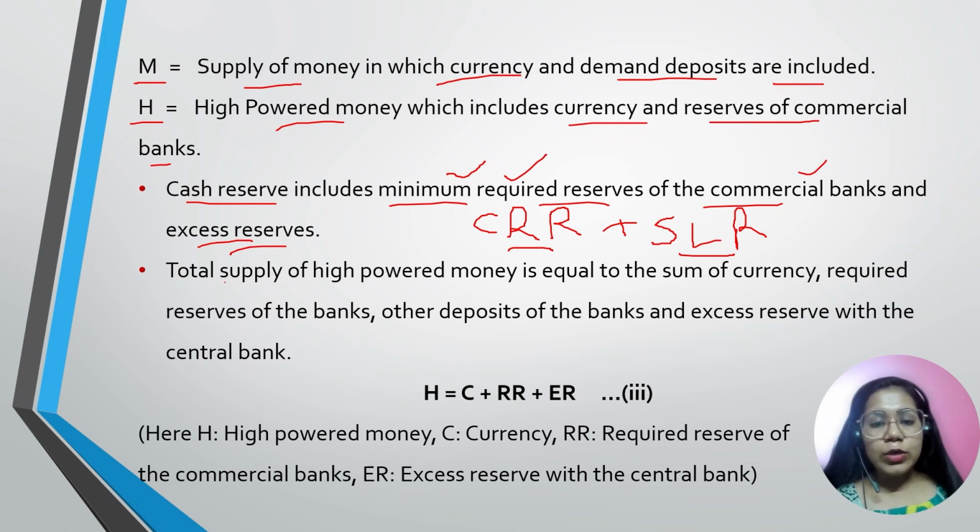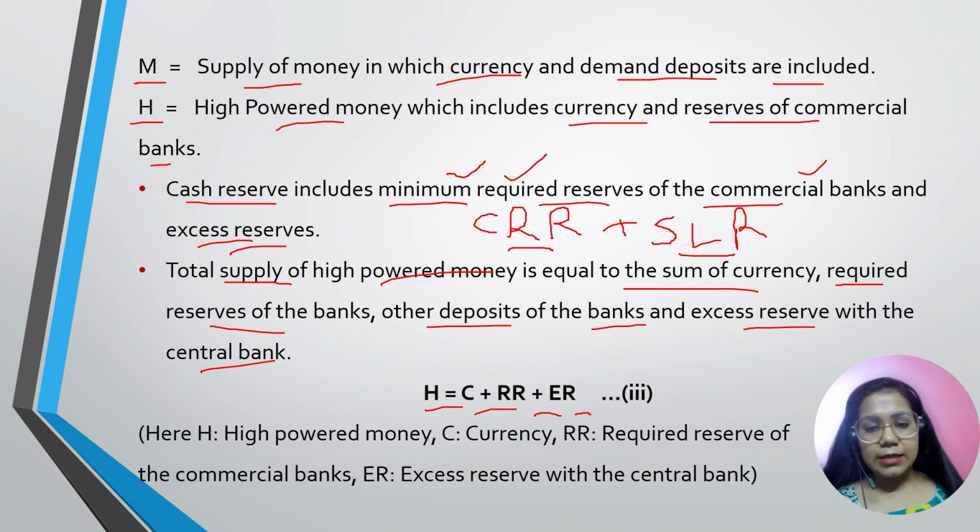So the total supply of high powered money is equal to the sum of currency, the required reserves of the banks, other deposits of the banks, and excess reserves with the central bank. We can write it as H is equal to C plus RR plus ER. H is the high powered money, C is the currency, RR is the required reserves of the commercial banks.